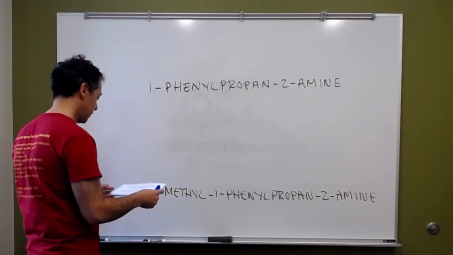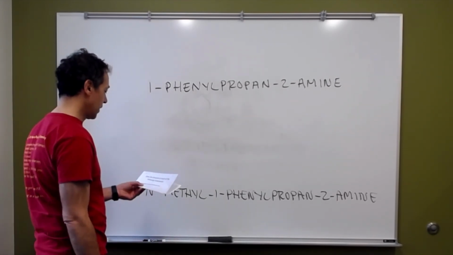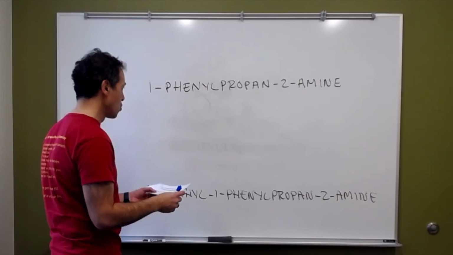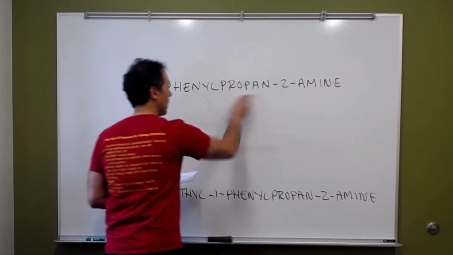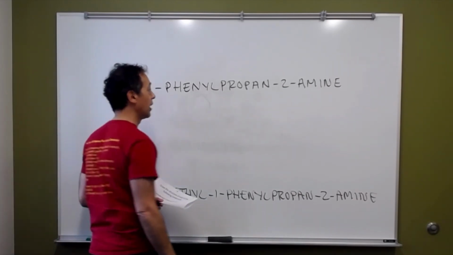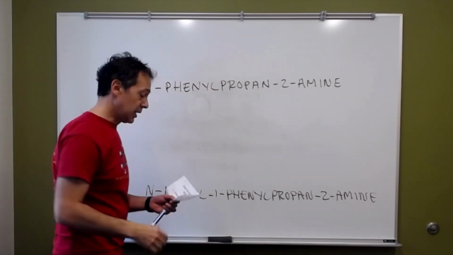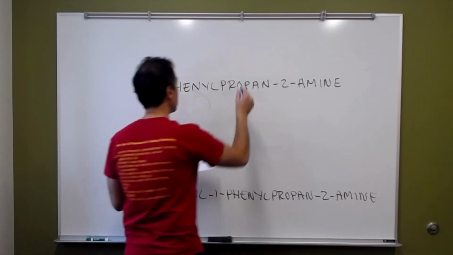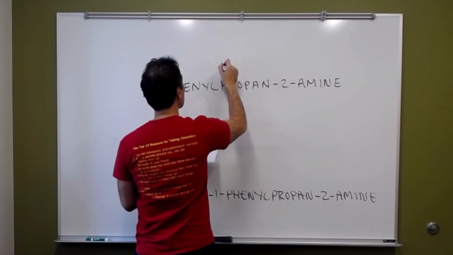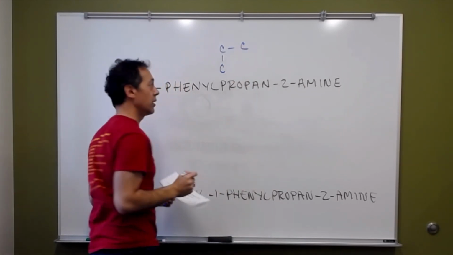Okay, so let's give this one a try. 1-phenylpropan-2-amine. All right, so propan tells me there's 3 carbons. And with 3 carbons now, it's telling me off of the second carbon, I have an amine. So let's try this. We're going to do carbon, carbon, carbon. There's my propan.